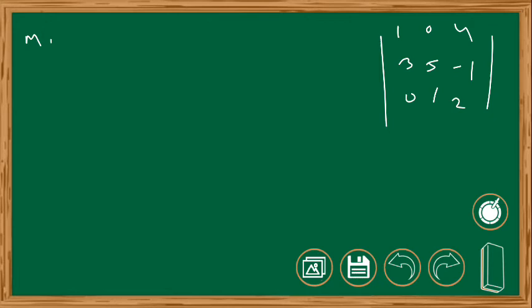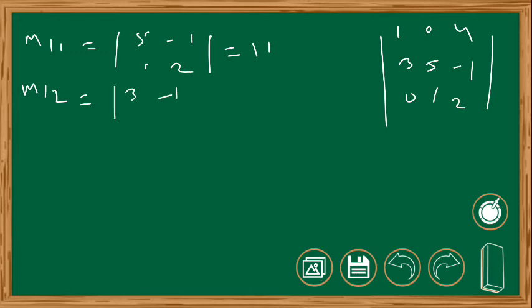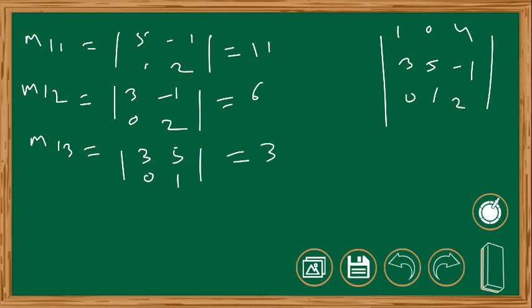So first I found M11, that is 5 minus 1, 1 and 2. This is 11. M12, this will be 3 minus 1, 0 2. That is 6. Then M13, you remove the row and column containing 4. This is 3 5 and 0 1, and the value is 3.